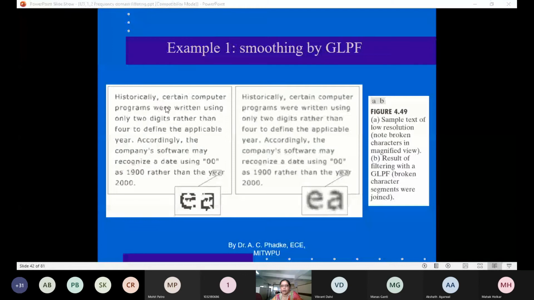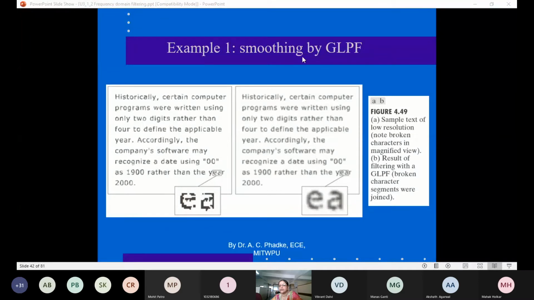Now when we apply Gaussian low pass filter on this image, it removes the noise, and at the same time it causes small amount of blurring, and because of this blurring effect or averaging effect, if now you look at these two letters E and A, now they are appearing continuous in nature as compared to original document.